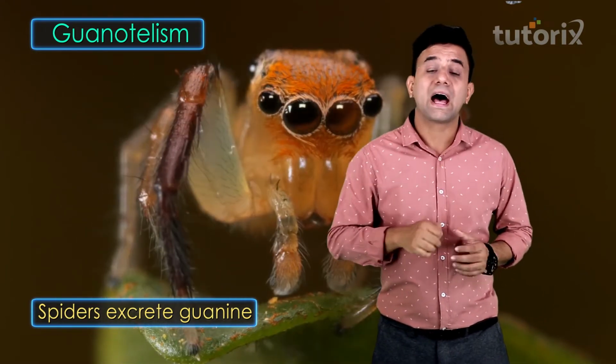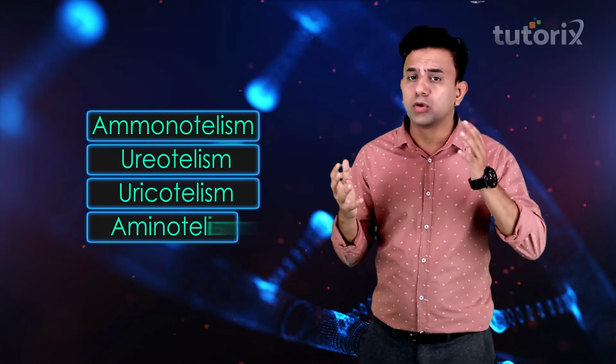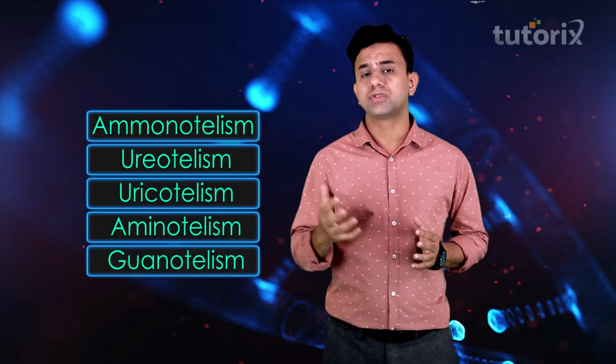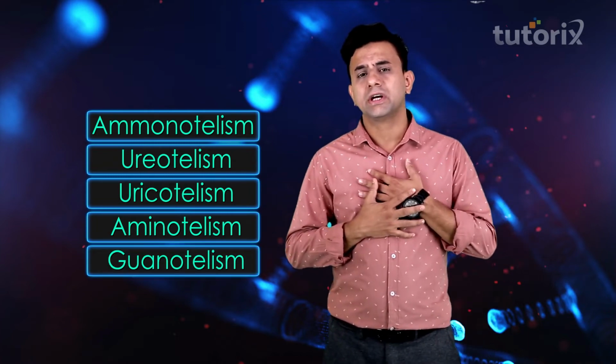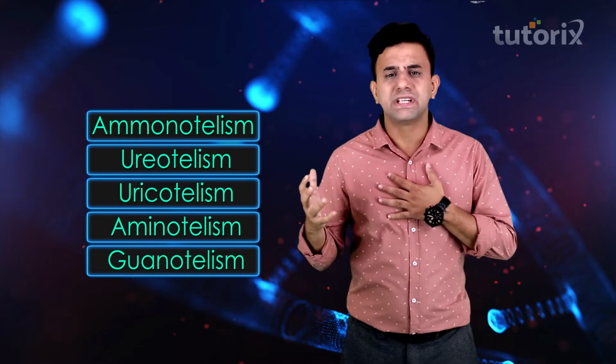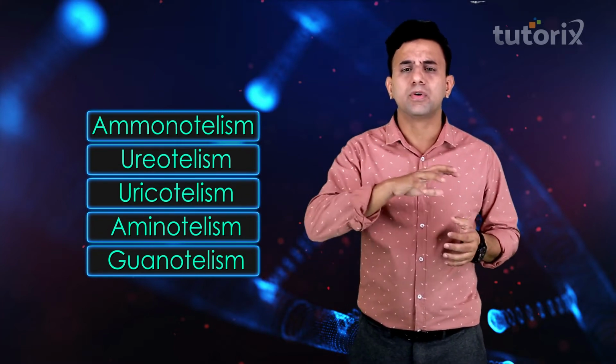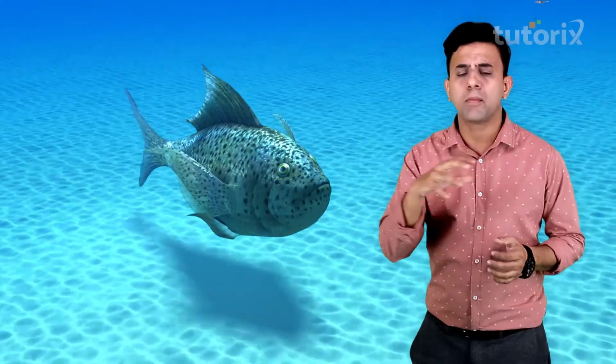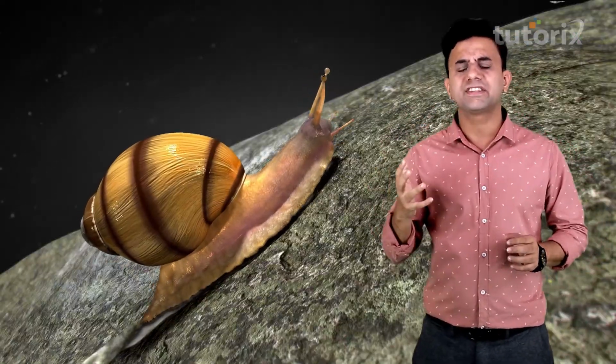So friends, we are done and dusted with the main modes of excretion, that is ammonotelism, ureotelism, uricotelism, aminotelism as well as guanotelism. We appreciated how different animals have adapted themselves to have different modes of excretion, some excreting in the form of ammonia, some in the form of urea, some in the form of uric acid.